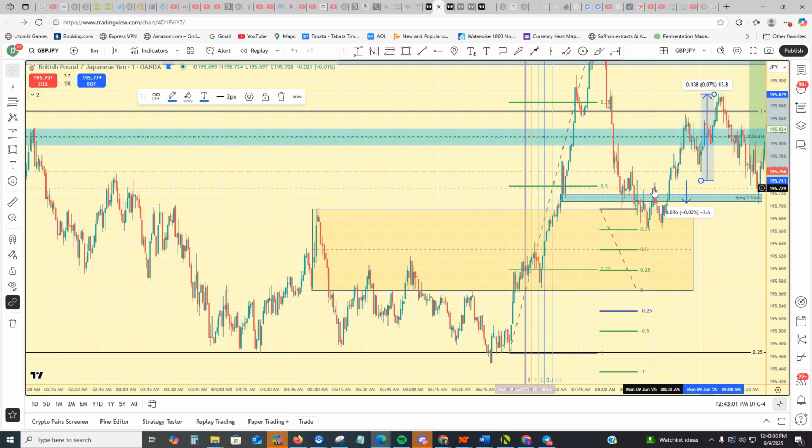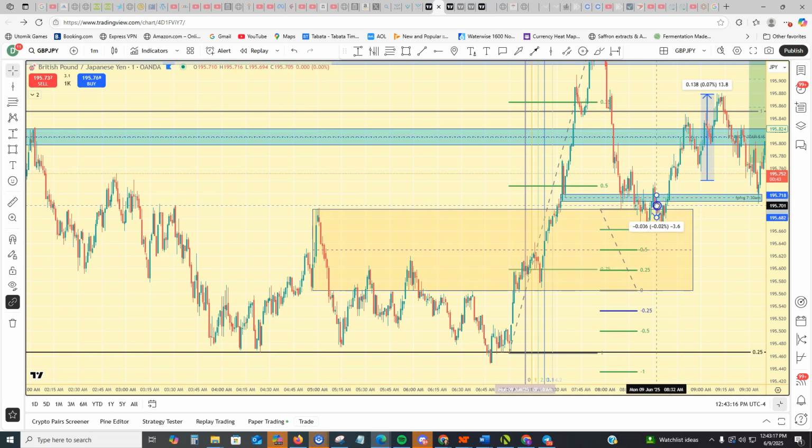More than likely I could have even tried to get in on this one, and after it dropped down, I can see this is 8:30. Yeah, I probably would have got in on the strike as soon as we hit it, or maybe even the middle of it.